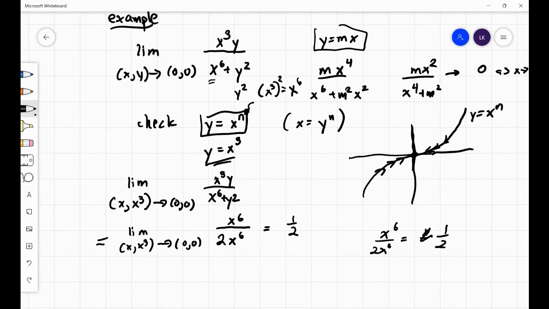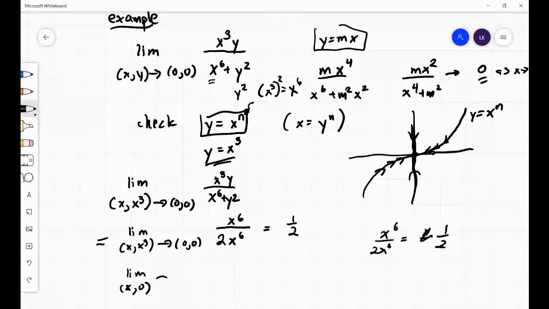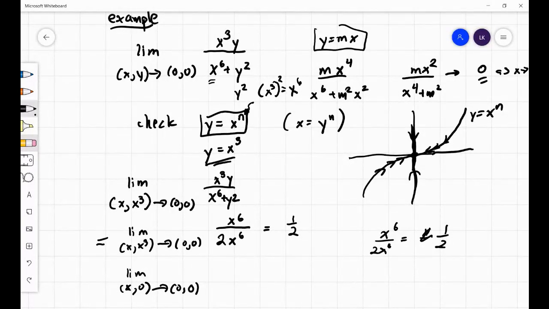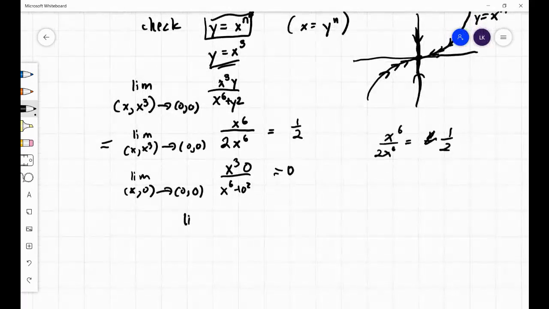But we already noticed that if we approach the origin along, let's say, one of the axes, the limit would be 0, right? So we found 2 different approaches with 2 different limits, so the limit in general does not exist.